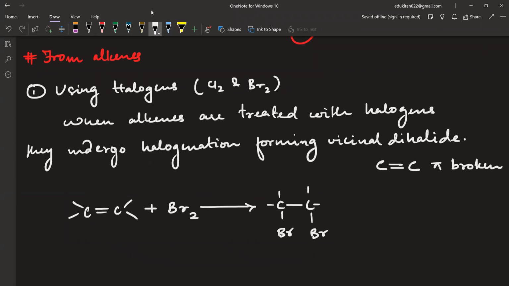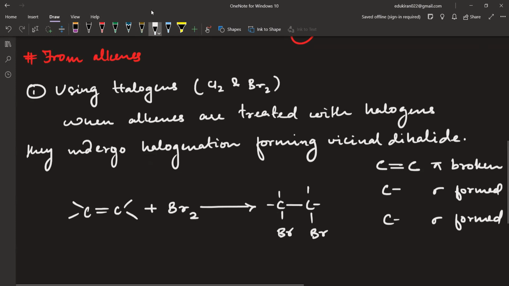What is formed? C-Br sigma is formed. In general, you can write that a C-X bond is formed in this reaction, 2 C-X bonds. Vicinal dihalide. Vicinal means neighboring. So the halogen atoms are neighbors to each other. They are in the vicinity.